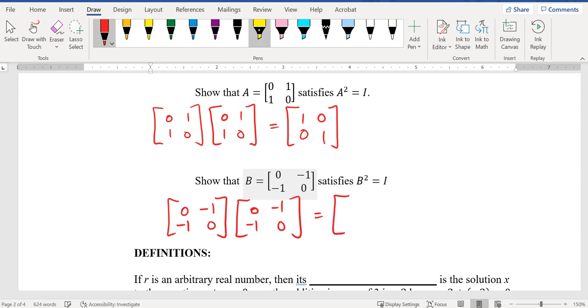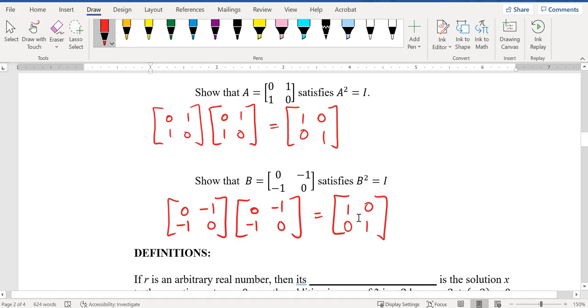We would get 0 plus 1, and then 0 plus 0, and then 0 plus 0, and last but not least, 1 plus 0. So again, we get the 2 by 2 identity matrix.